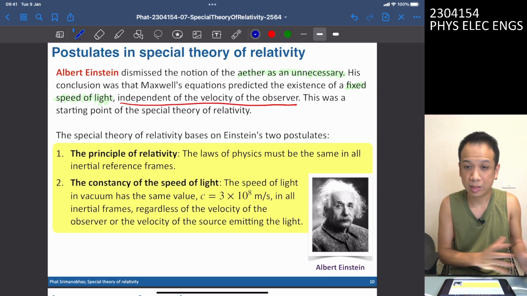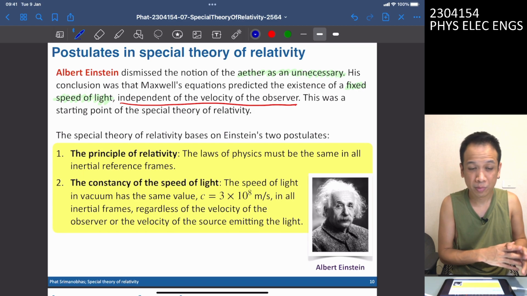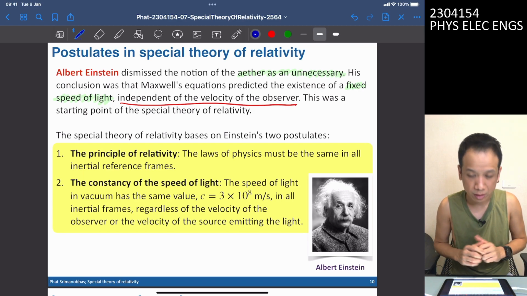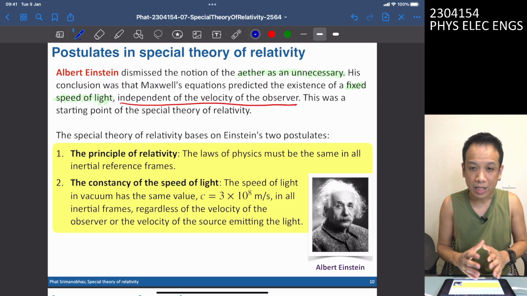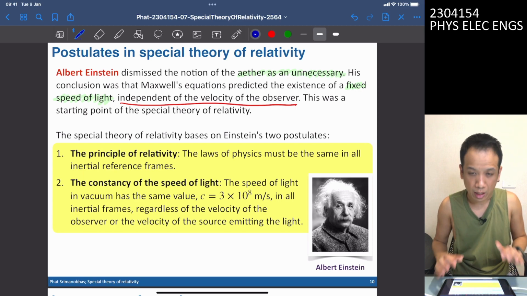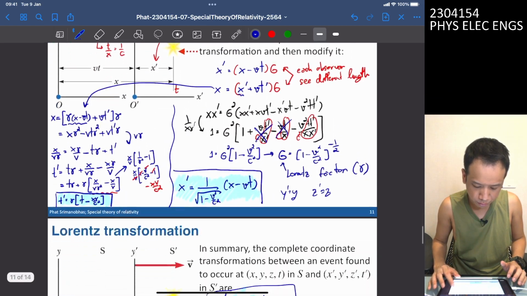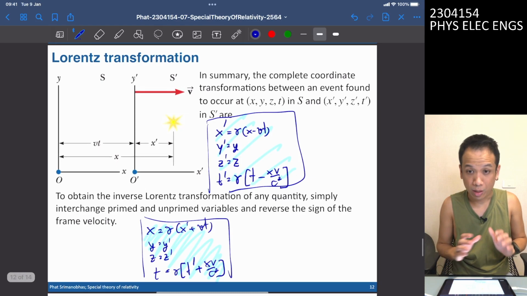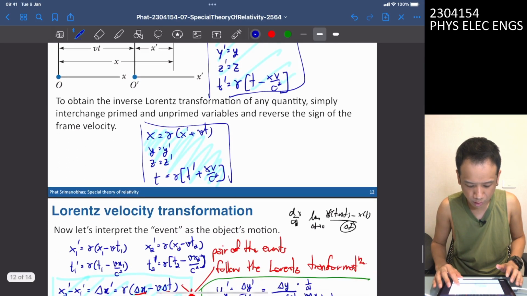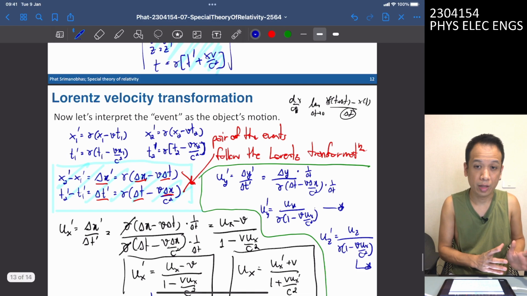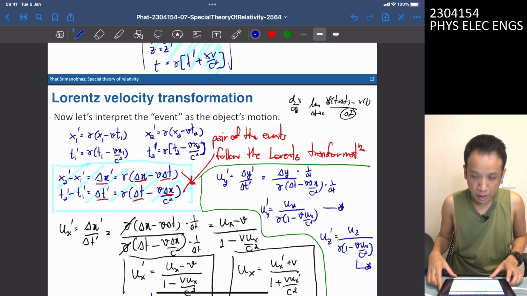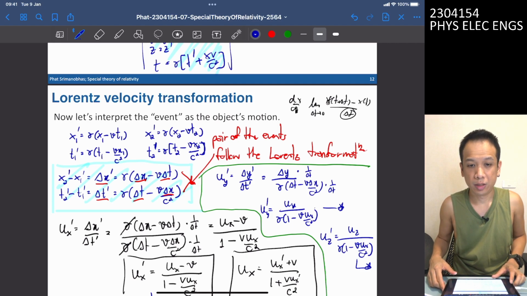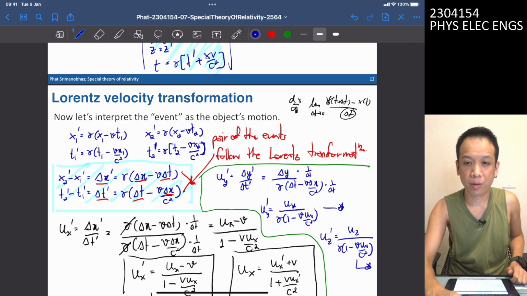This is a postulate since Galileo's time. And then another postulate, which is new, is that the speed of light is the largest speed that an object can have. Nothing can go beyond this speed. And we talked about the Lorentz transformations, and the pair of events that also follow the Lorentz transformations. I think this is all for this video. See you next time. Thank you. Bye-bye.